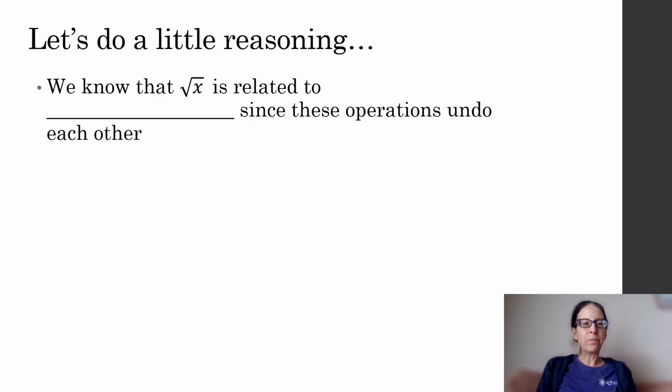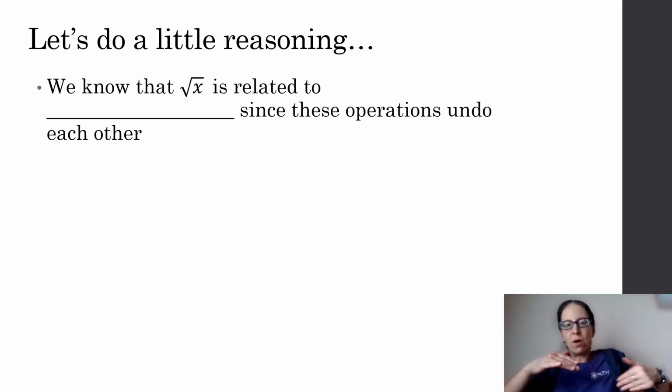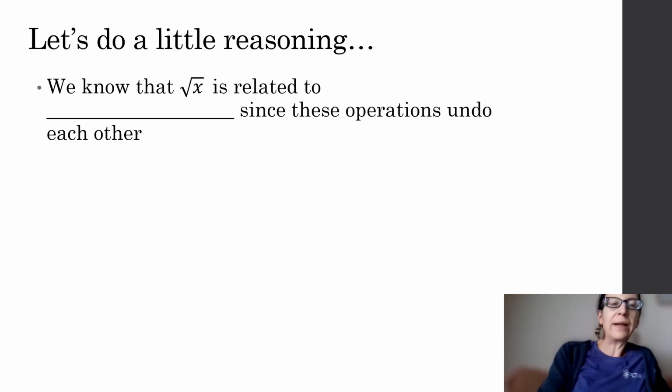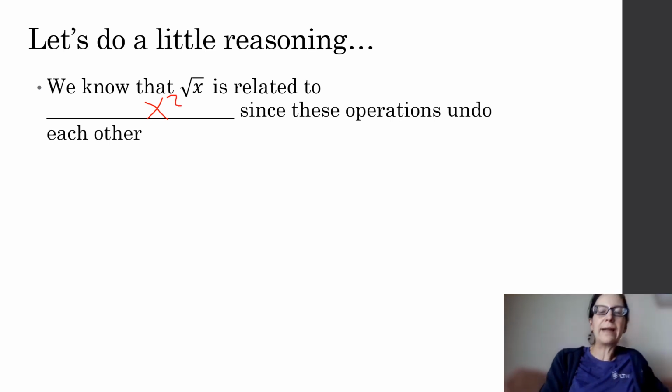So I wanted to start off with a little bit of reasoning, just to put some context around what we're about to look at. We know that the square root of x is related to x squared, since these operations undo each other.